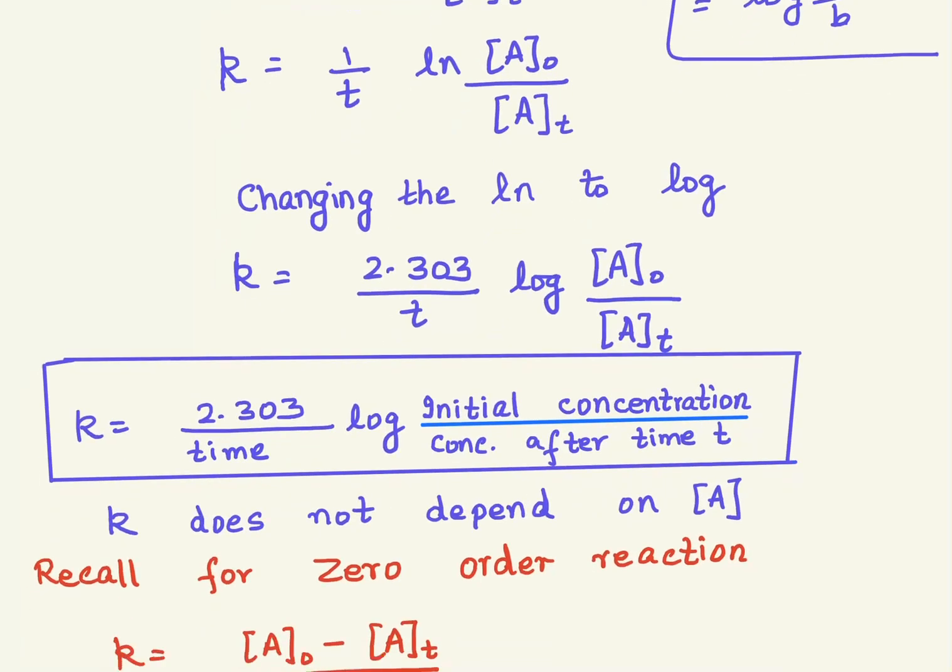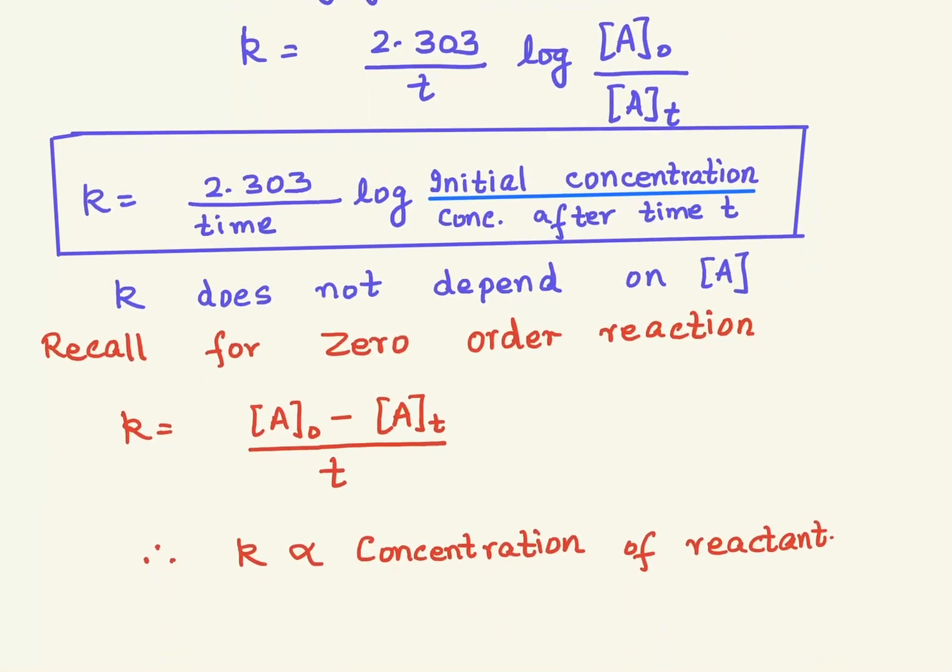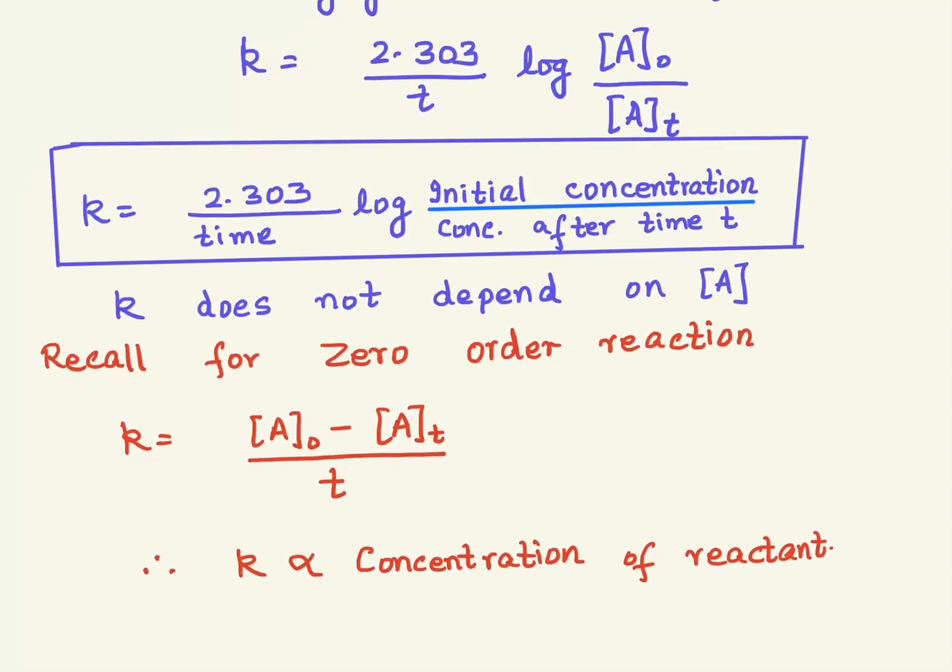Again, connecting to what we had already learned under zero order reactions. For zero order reaction, the expression that we got was k is equal to initial concentration minus concentration after time t divided by the time taken. So you see over here, they are subtracting.